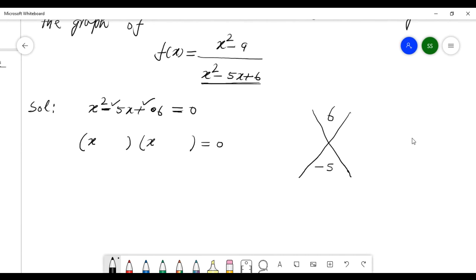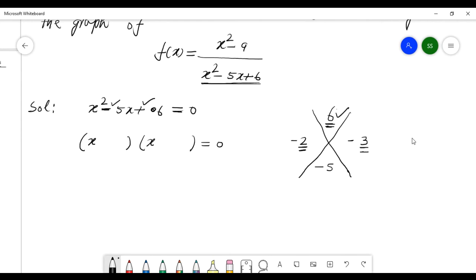Now break this into two numbers. How to break? Break this 6 into two numbers. So you can write this way: minus 2 multiplied by minus 3. Minus 2 multiplied by minus 3, how much?